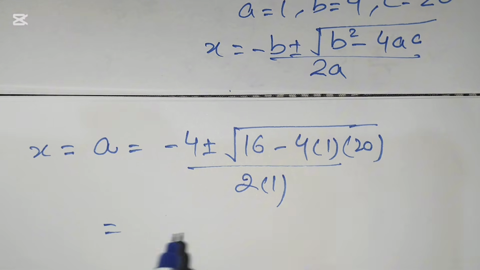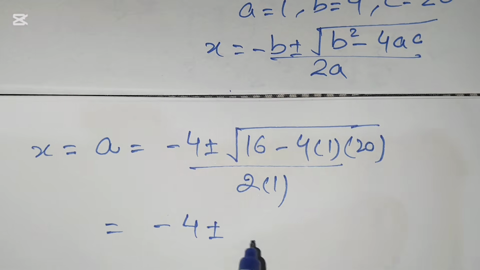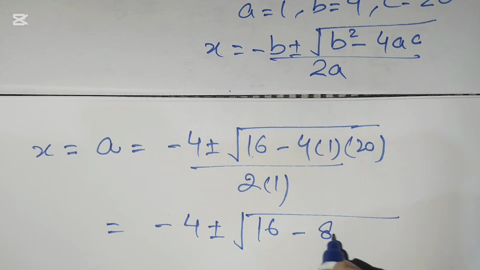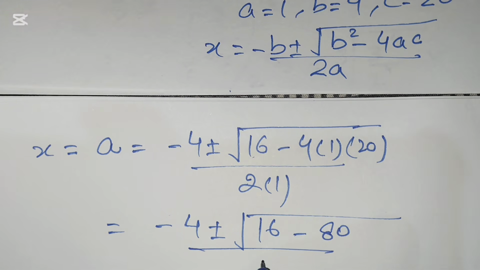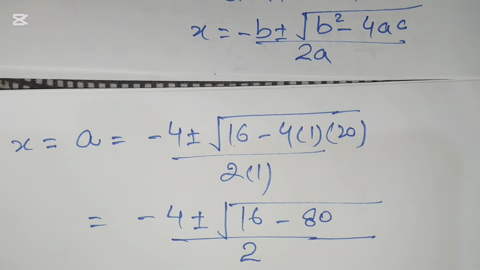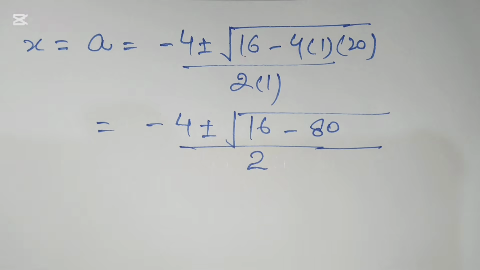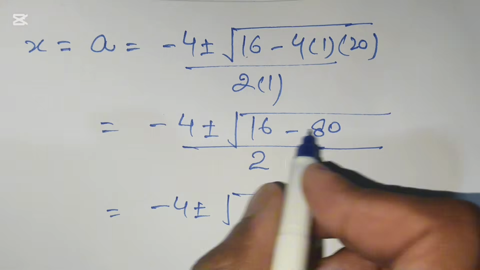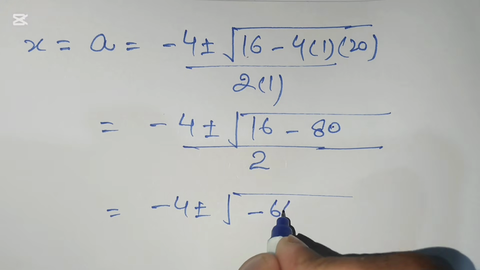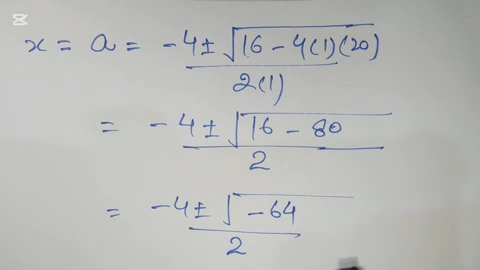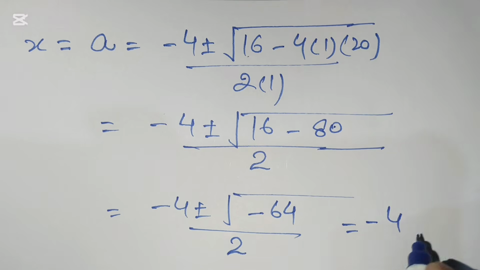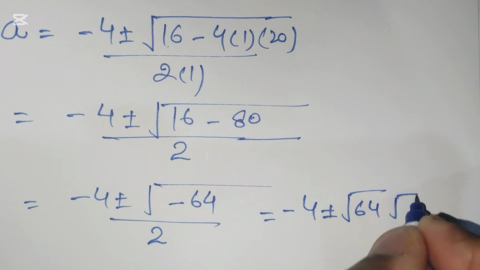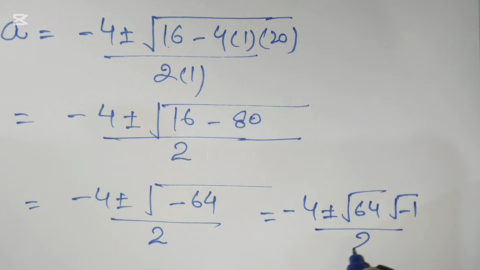So it will be equal to minus 4 plus minus square root of 16 minus 4 into 20 is 80, all over 2. Now this is minus 4 plus minus square root of 16 minus 80 is minus 64, over 2. We can write this as minus 4 plus minus square root of 64 times square root of minus 1, over 2.